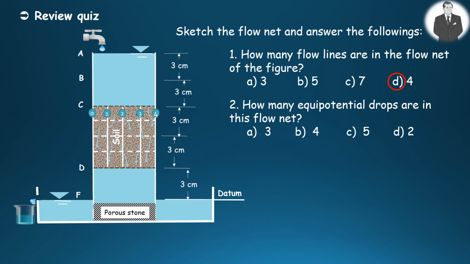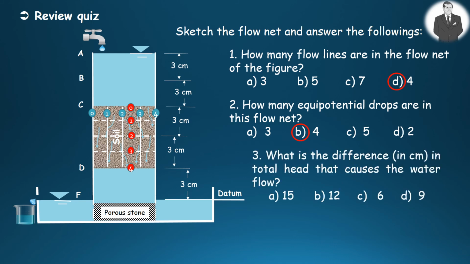In this case, we have how many? No. We have 4 equipotential drops. Again, let's count together. 0, 1, 2, 3, 4. So the answer is B.